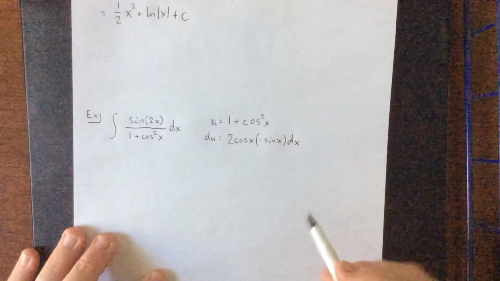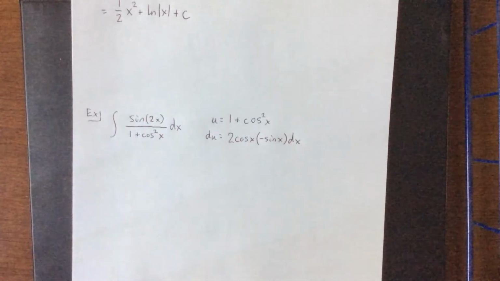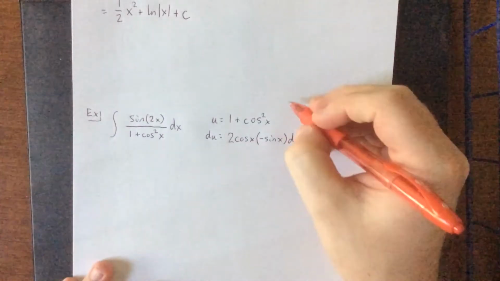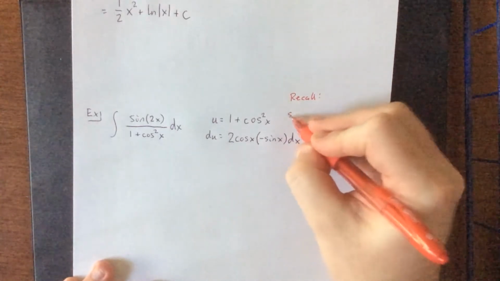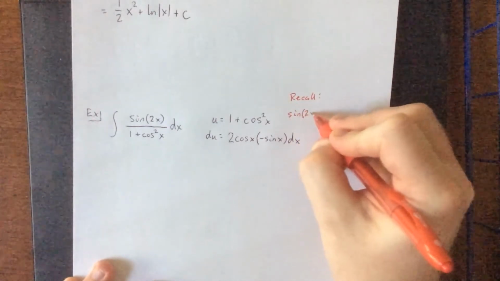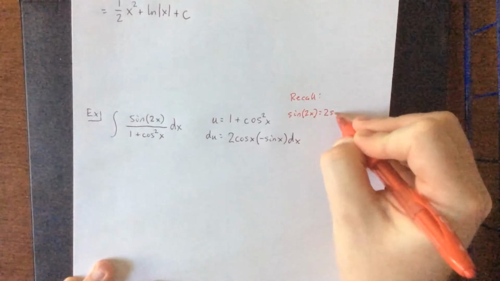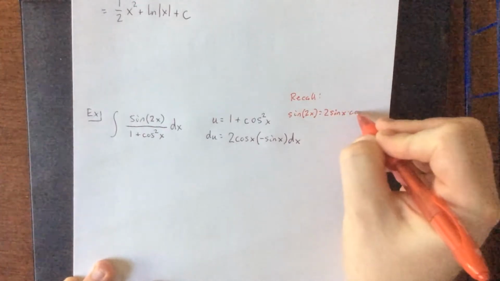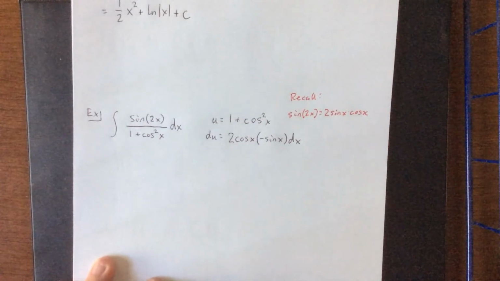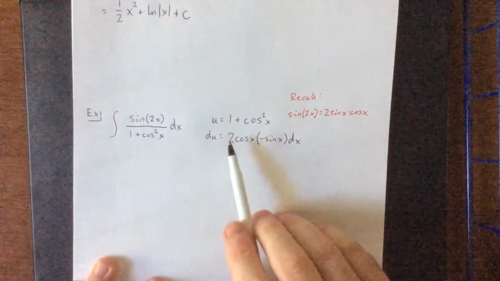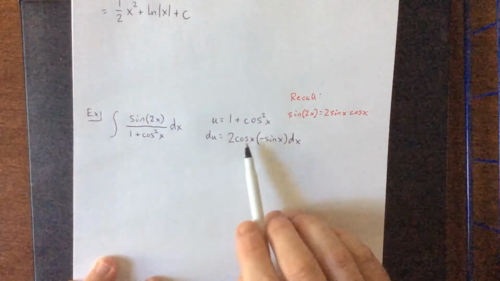Now, there is an identity that can be used here, so I will ask you to recall with me that the sine of 2x is actually equal to 2 times the sine of x times the cosine of x, referred to as a double angle identity from back in trigonometry. Well, you'll notice here that we have a 2, and we have a sine of x, and we have a cosine of x.